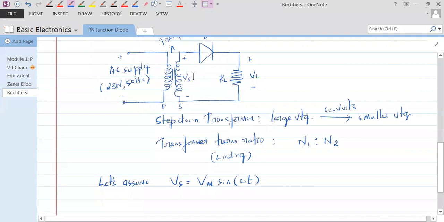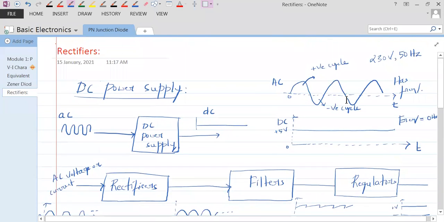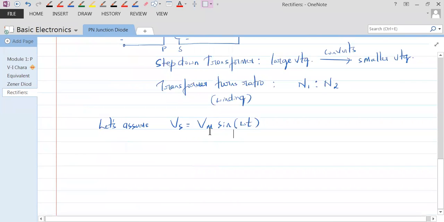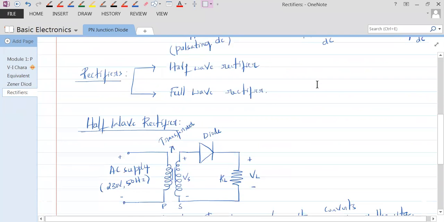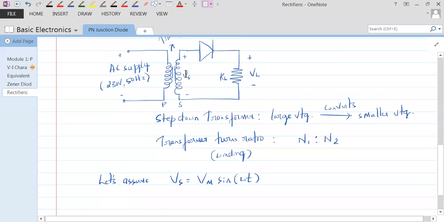Because this is an AC voltage and AC voltages are sinusoidal signals, like this. So that's why I've considered that signal as sine omega t. And what is this Vm? Vm is the amplitude of this sine omega t signal. Here it is the positive amplitude, this is the negative amplitude. So this Vm is the maximum amplitude of this sinusoidal signal, and such a signal has come across the secondary of the transformer. Is that okay with you?